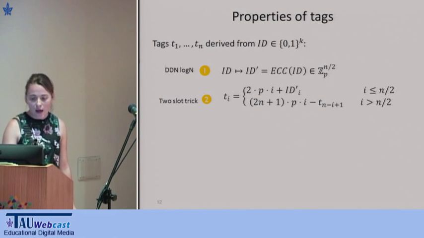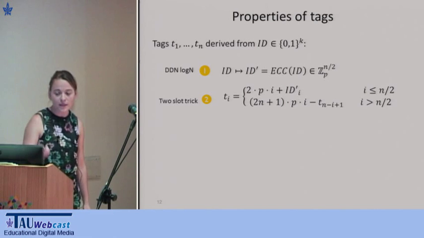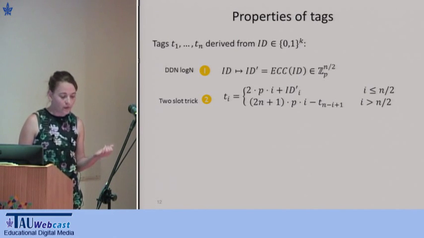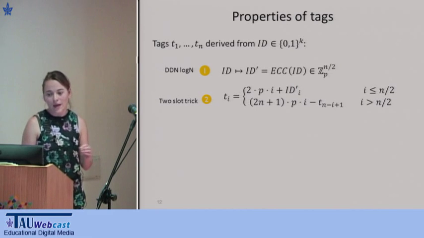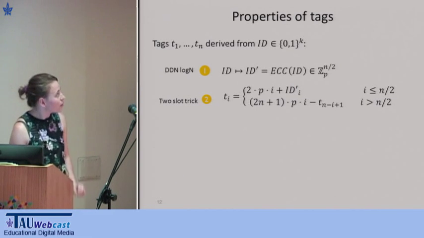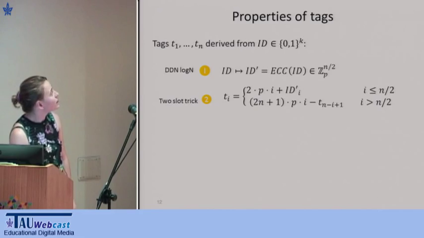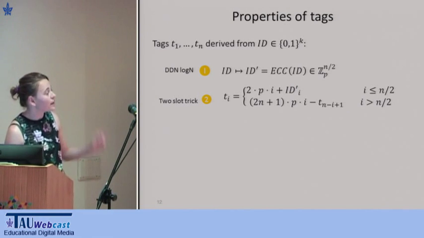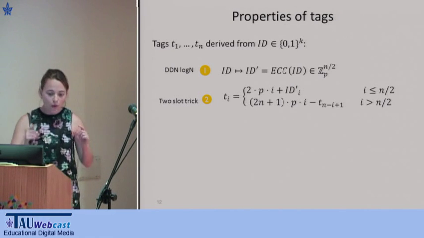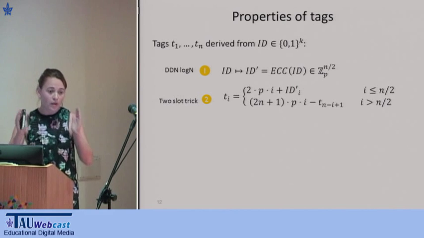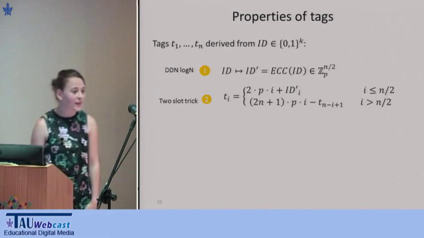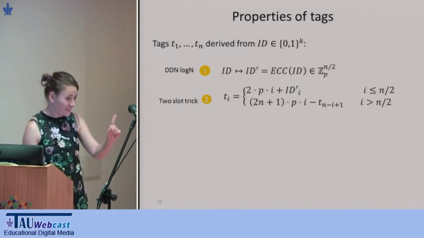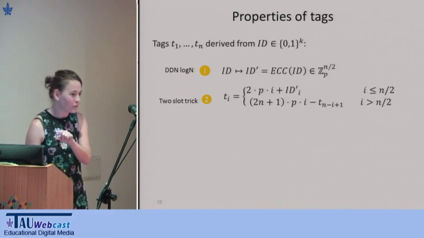And to get the other n over 2 tags, we will just take the appropriate tag from the first n over 2 and subtract it from (2n plus 1) times p times i. Okay? And this is similar to the 2-slot trick, but this will enable us to do all the repetitions in parallel instead of doing it sequentially. Okay? So what's the combinatorial property that you get? Exactly, that's what I'm going to show now.